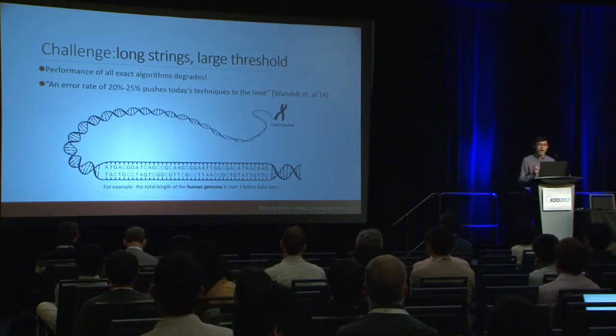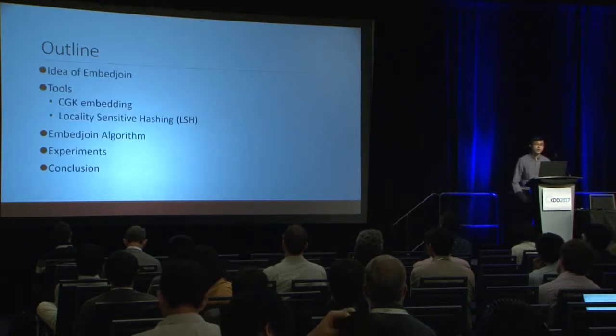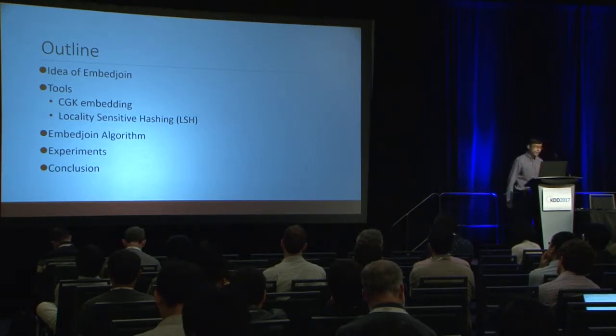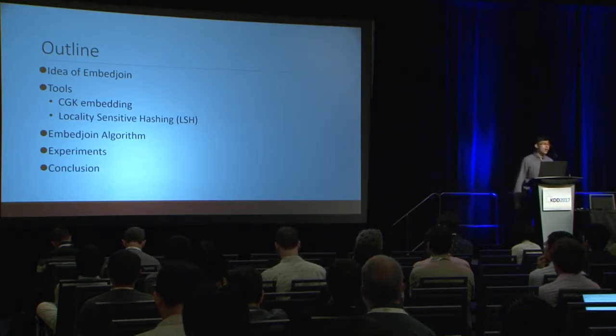So on genome data, if the threshold is too small, you may end up with 0 output pairs, which is certainly not interesting. So here is the outline of this talk. At first, we will introduce the idea of EmbedJoin and the tools we used in our algorithm as building blocks. Then we will talk about the algorithm and experimental results. At last, we make a conclusion.